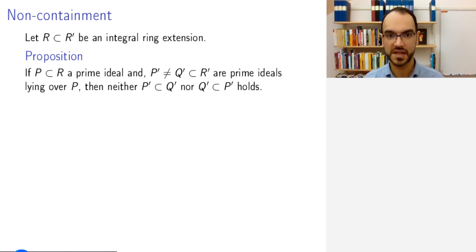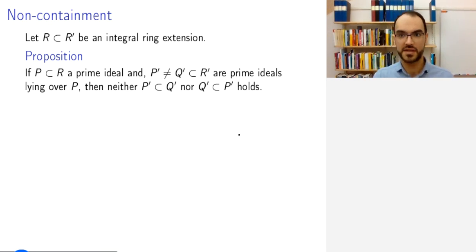Let us go to the next property, which is that of non-containment. And that is some sort of uniqueness condition of the ideals lying over a certain prime ideal. Namely, if P is in R and two prime ideals P prime different from Q prime lie over P, then it cannot be the case that one is included in the other.